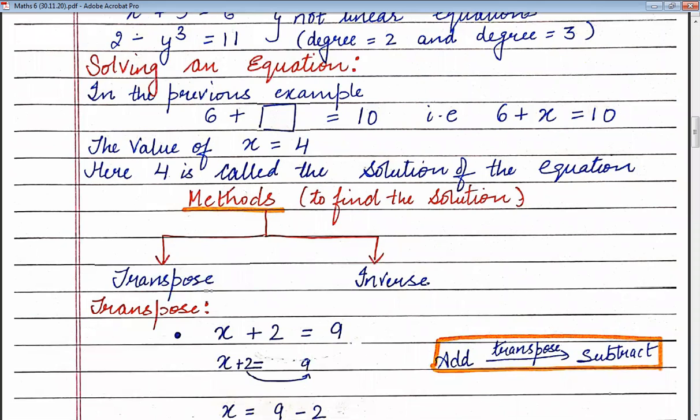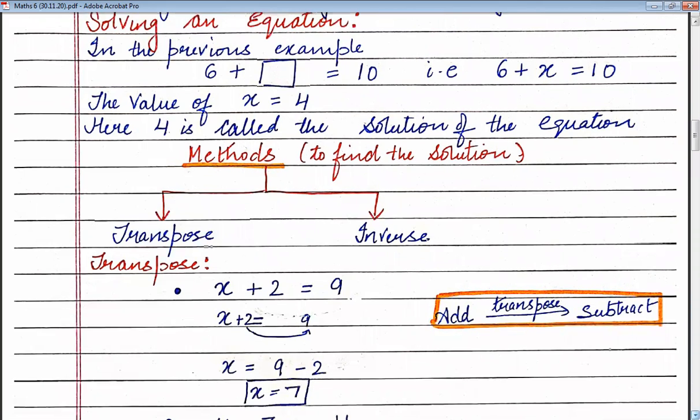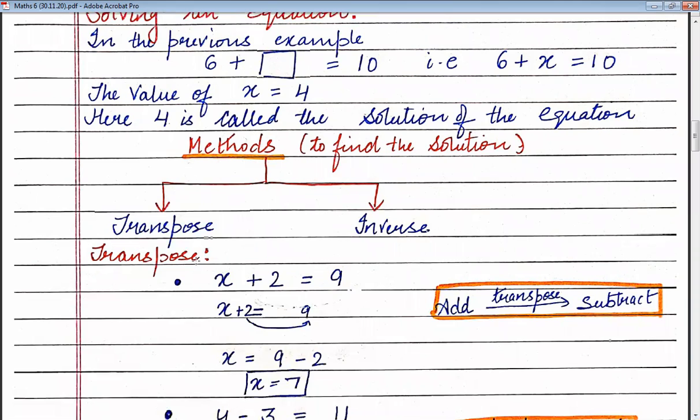Now children, look at the first example. My first example is x plus 2 is equal to 9. Is this an equation? Yes. Can you tell me why this is called an equation?